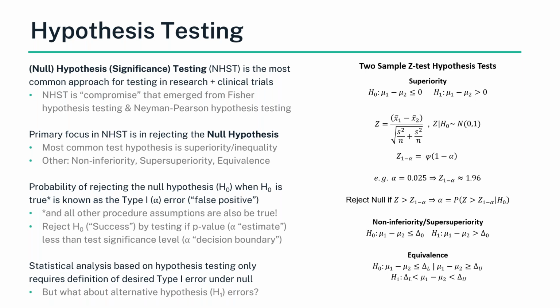If our actual z-statistic in the study is above that, we're going to say that the z-statistic is not compatible with the null hypothesis and all other assumptions, and therefore we're going to reject the null hypothesis. So in practice, you take your alpha of, say, 0.025, turn that into a critical z-statistic of 1.96, and if our z-statistic is greater than that critical z-statistic of 1.96, we're going to reject the null hypothesis.